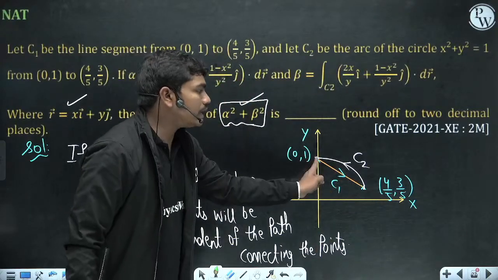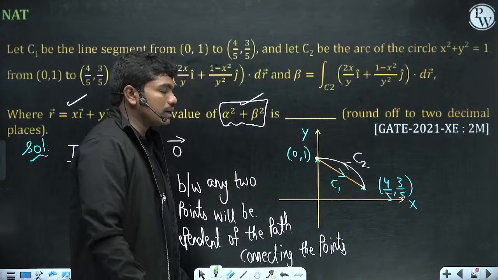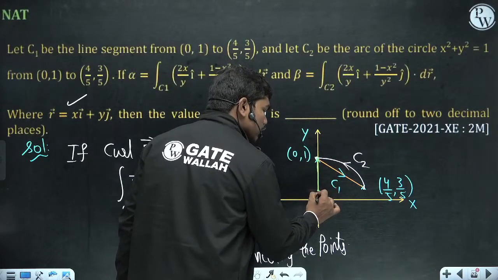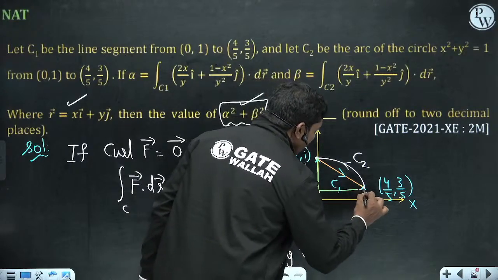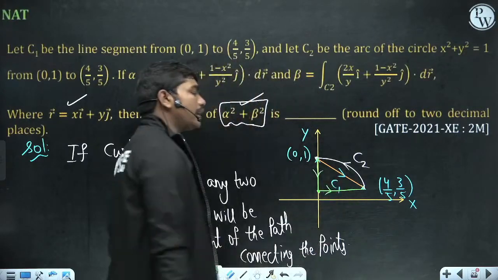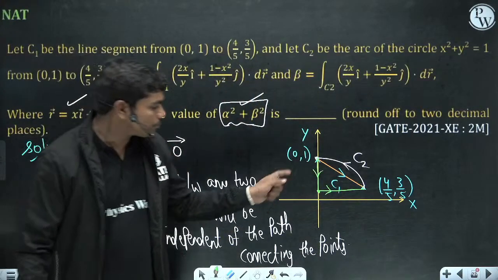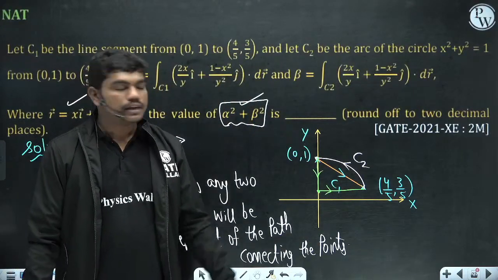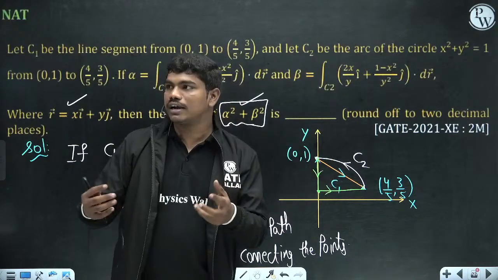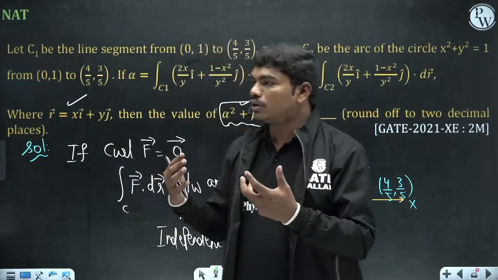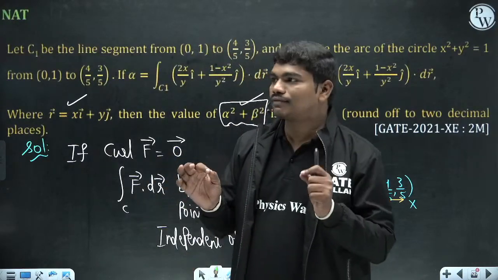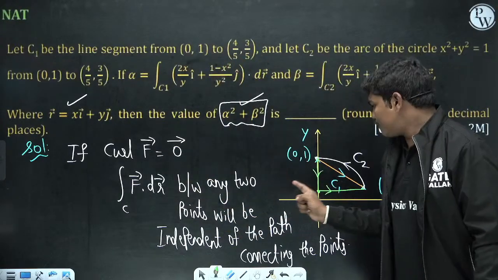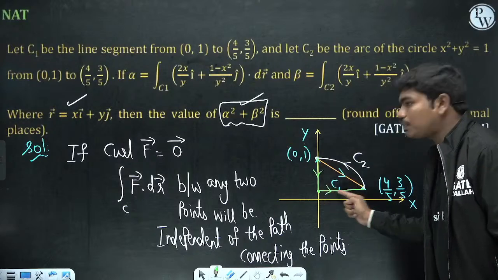So instead of calculating this line equation and all these things, can I bring this along the x-axis and along the y-axis, and calculate along this path? Yes or no? If I calculate the integral of f bar dot dr bar along this path, will the value be the same? Instead of calculating along C1 and C2, because for C1 and C2 you have to calculate line equations and circle equations. Since this function f bar is irrotational, I can calculate the same integral alpha value from this point to this point along this path, and the answer will be the same.